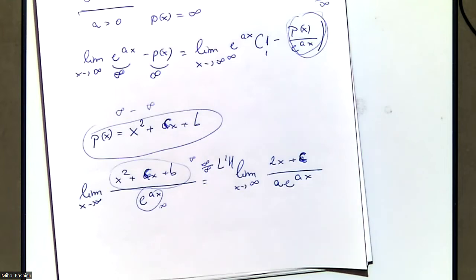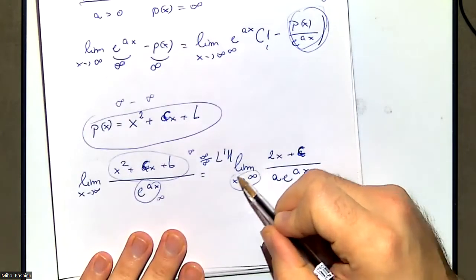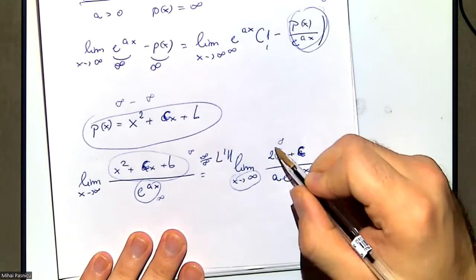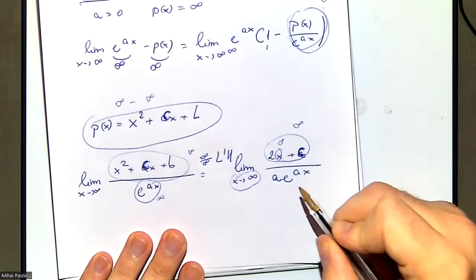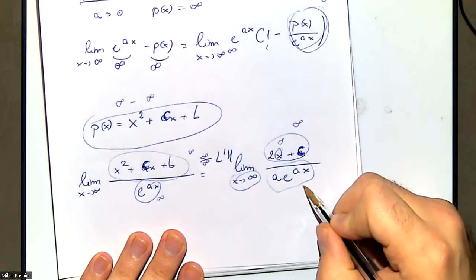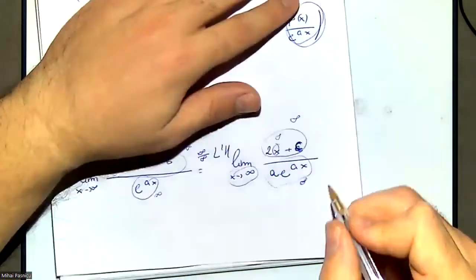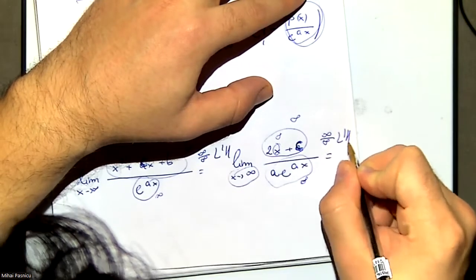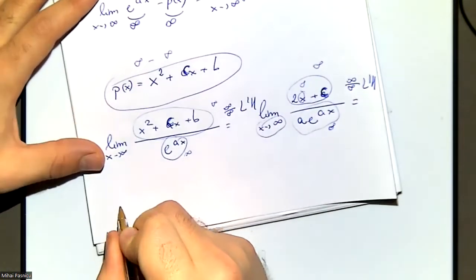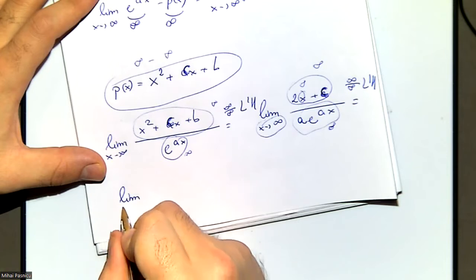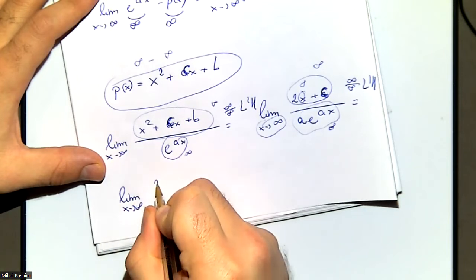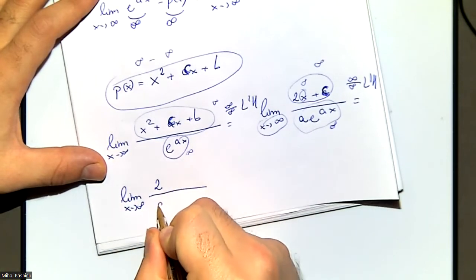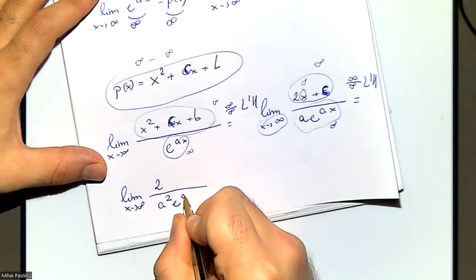Let's evaluate this one again. When x goes to infinity, this goes to infinity, and this obviously goes to infinity again. So this is an infinity over infinity case. Apply L'Hopital again. And I get limit x goes to infinity, 2 over a squared e^(ax).